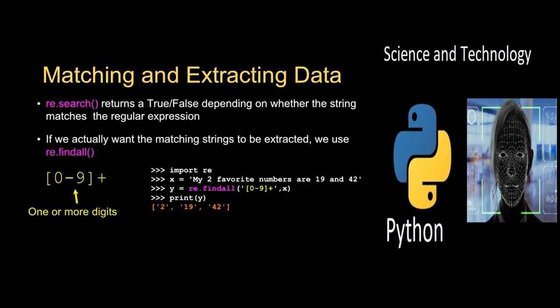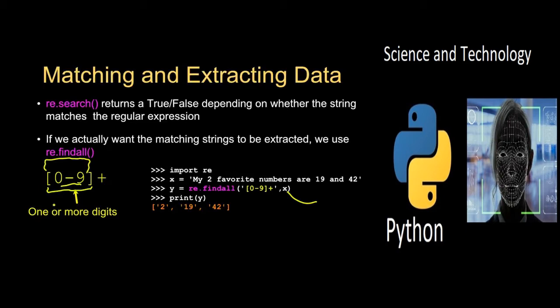So let's take a look at what we've got going here. Instead of calling search, we call findall. We still pass in the string that we're looking through, and then we have our little template pattern. This is a new bit of regular expression. Any little square bracket operation is one character. In between is a set of allowed characters.